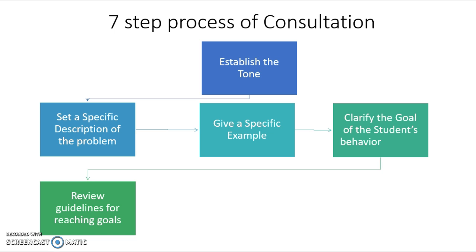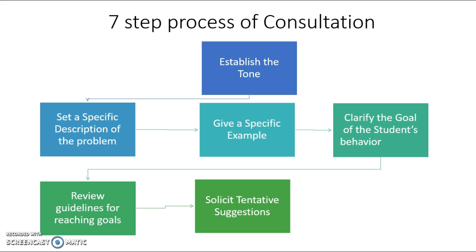How can we create attention-getting moments? If the goal of the child's misbehavior is revenge, can we give chances for fairness? Can we help them find ways to express themselves? If the goal in the classroom is power, can we give them additional choices? Can we create choice opportunities so that they don't have that struggle and fight?